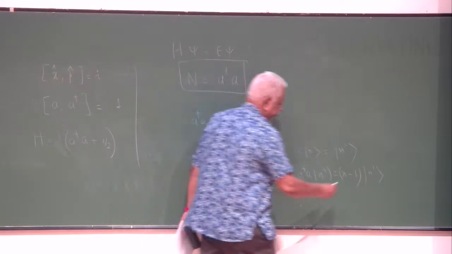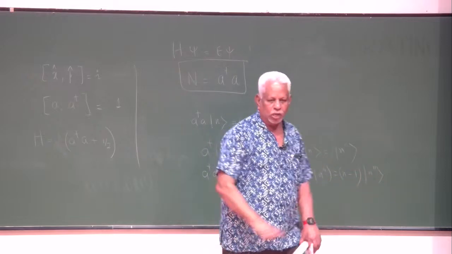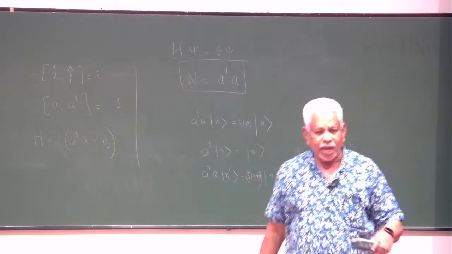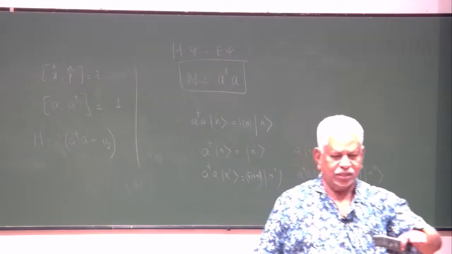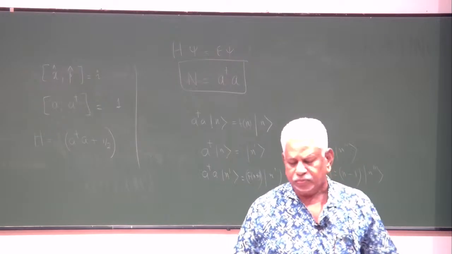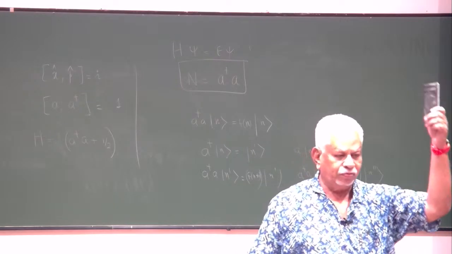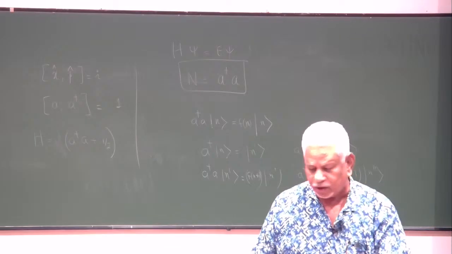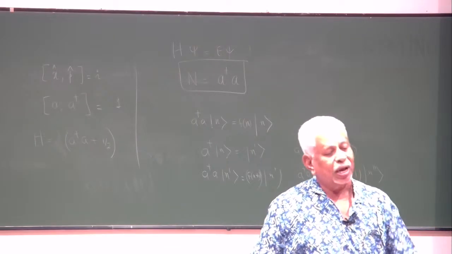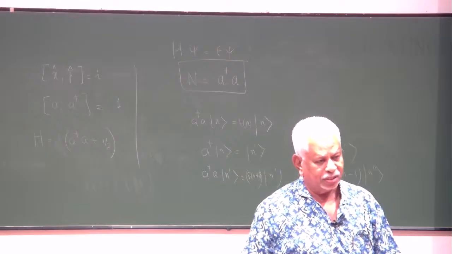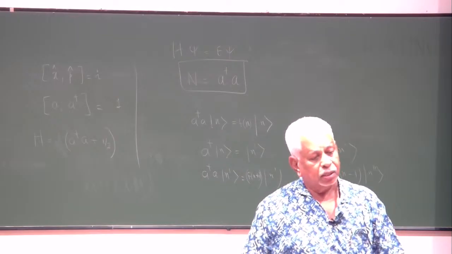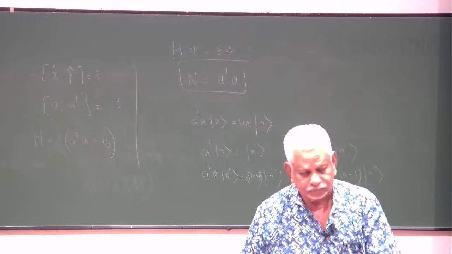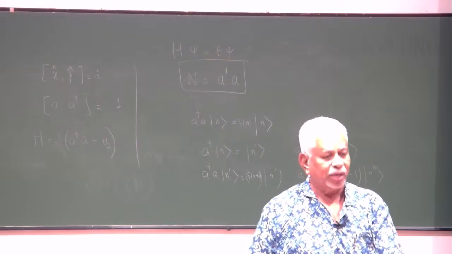So A lowers it by one unit. You might have started with 2.5, it will go to 1.5 and then 0.5, but after acting on 0.5, it will go to minus 0.5.